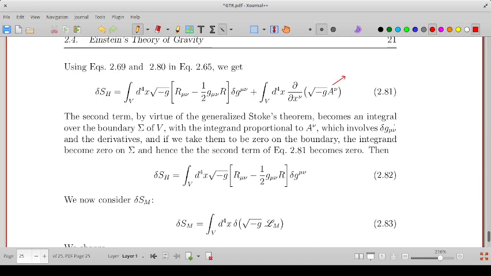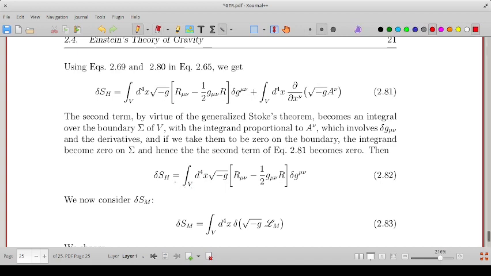Now, as we have already seen, we set delta g mu nu and their derivatives to be 0 at the boundary, and therefore the integral of this term, which needs to be evaluated at the boundary, will turn out to be 0. So we can completely neglect this term, and the resulting variation in the Hilbert action would be given by this.